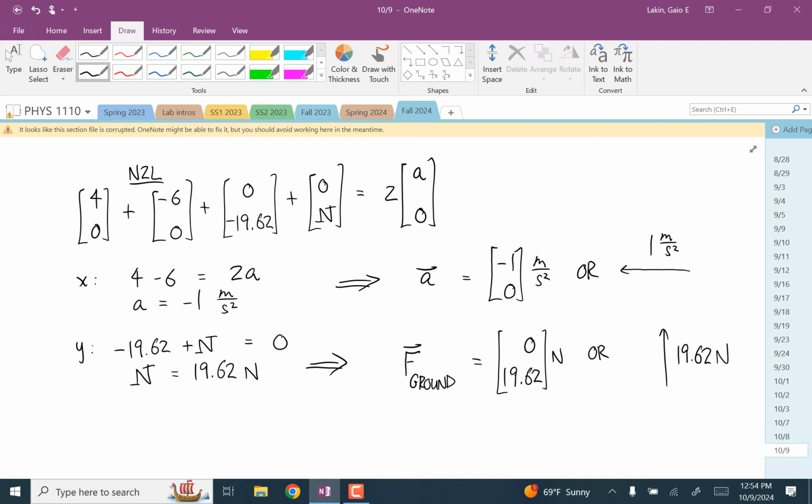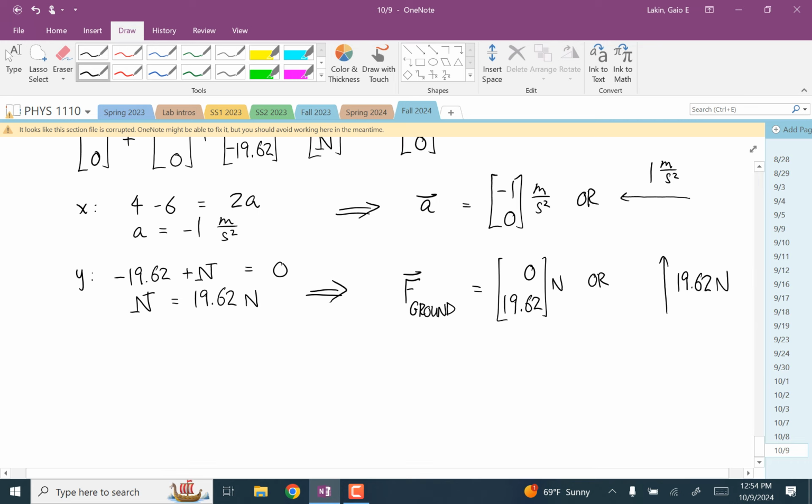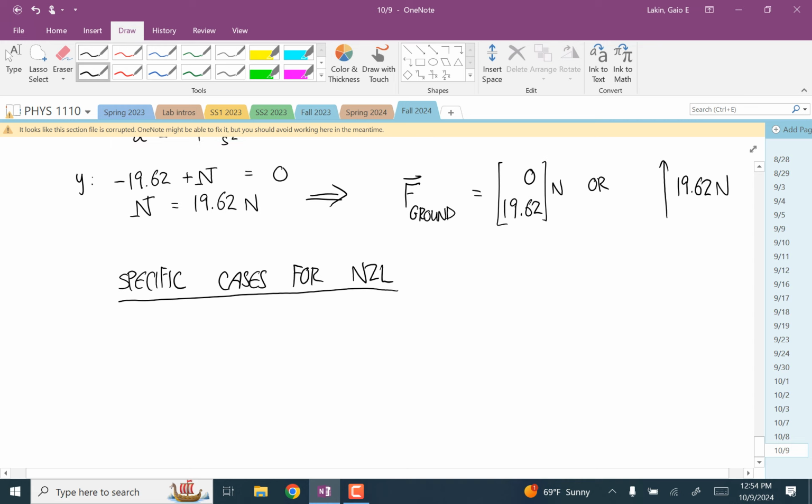We are going to use this in 3 specific configurations besides these single bodies. So I think we can get through one of these without too much problem today. So, specific cases for Newton's second law. And there are 3 of these.